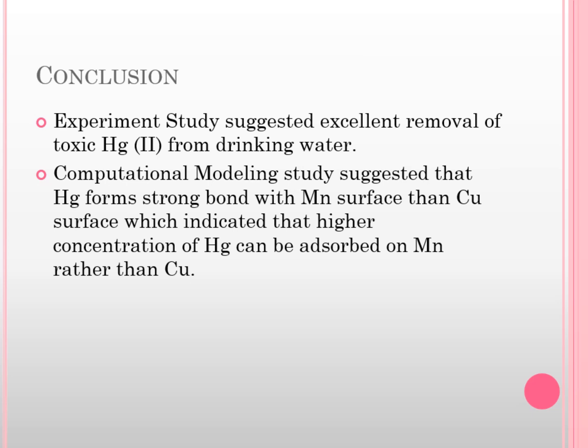The computational modeling study suggested that mercury forms a stronger bond with the manganese surface than the copper surface, which indicated that a higher concentration of mercury was adsorbed on the manganese portion rather than the copper. So our calculated model indicated that mercury adsorption was maximum on the manganese because the mercury formed strong bonds with the manganese rather than copper.